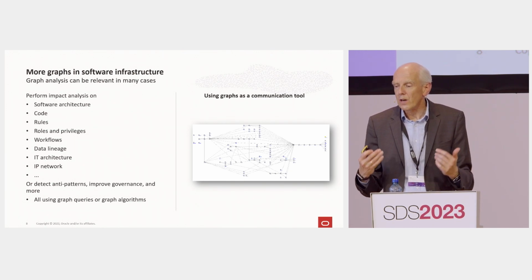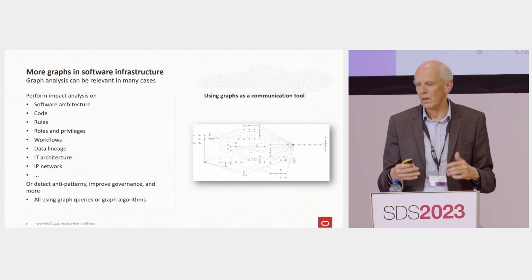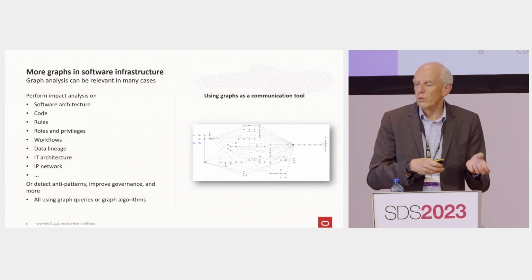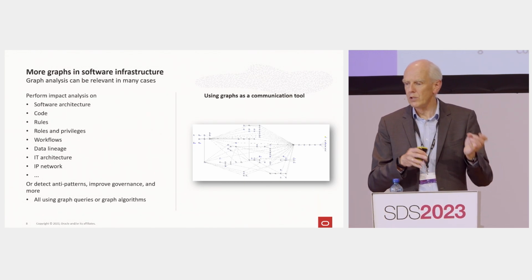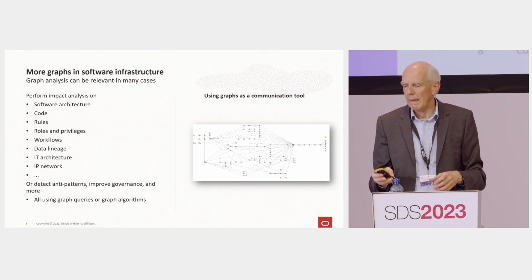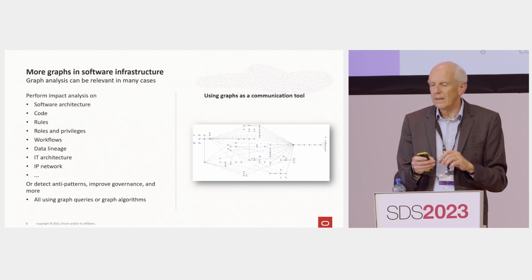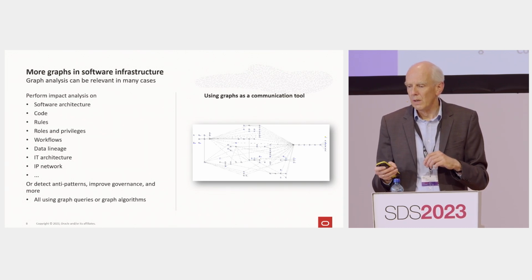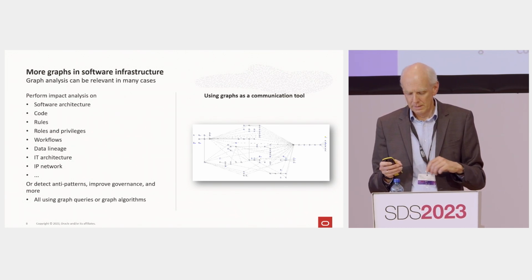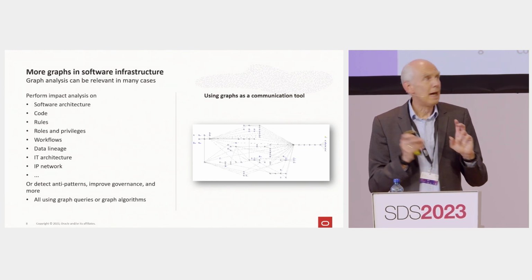Right? Many data structures in software infrastructure can be represented very nicely as a graph, whether it be software modules and classes, or roles and privileges, or if you have workflows or data lineage and so on. And you can analyze the direct or the indirect relationships between all of these entities, right?